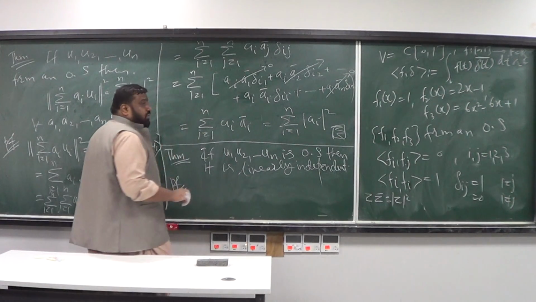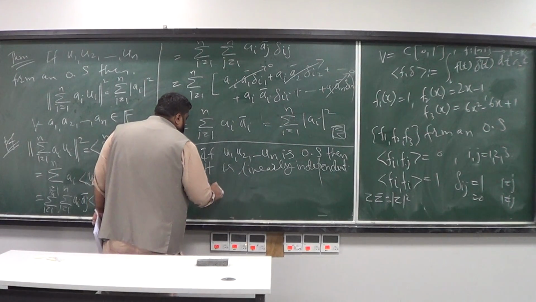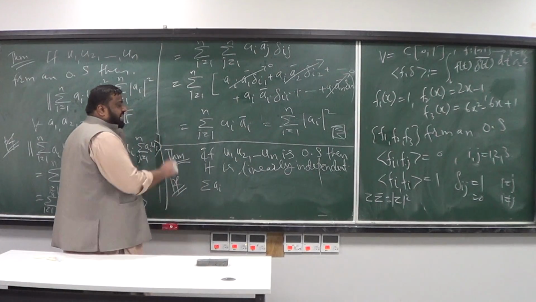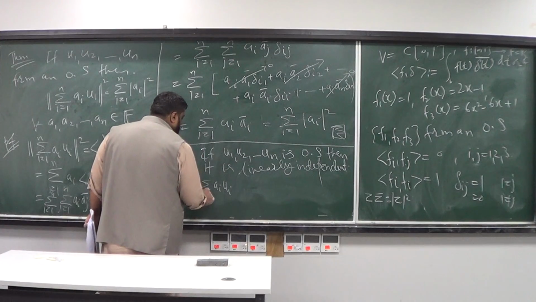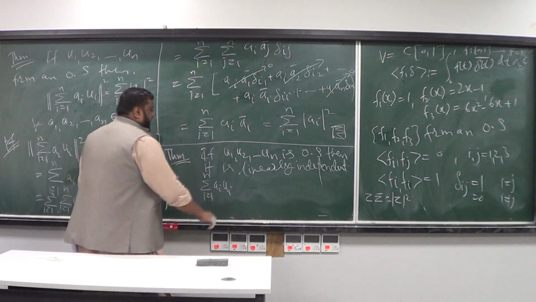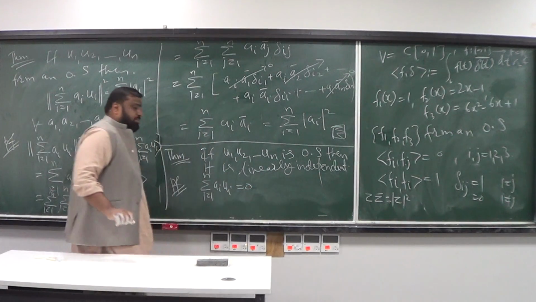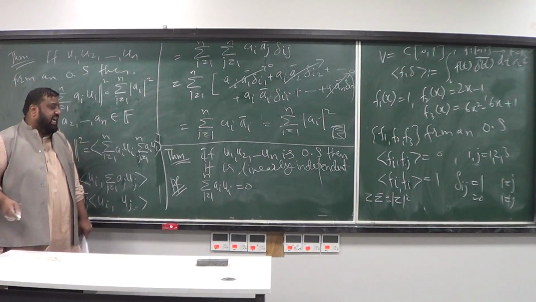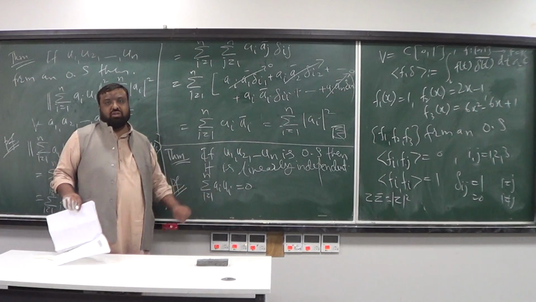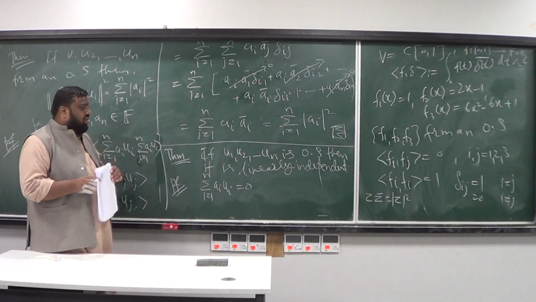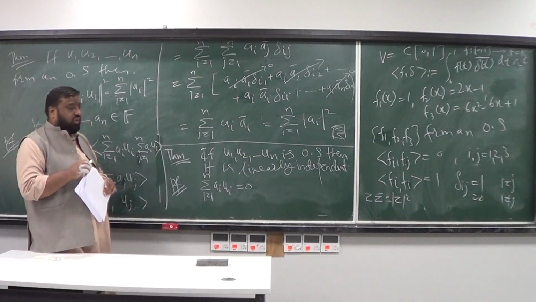The recipe is that you take a linear combination of these vectors, say the sum of ai ui, where i goes from 1 to n, and equate it to the zero vector. Then try to prove that all of these coefficients are zero.